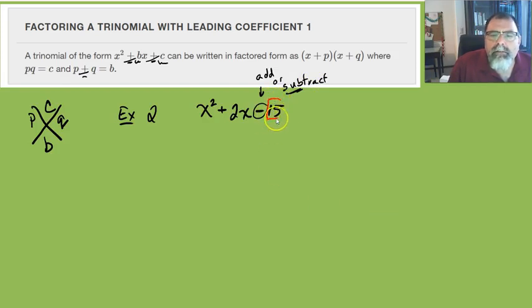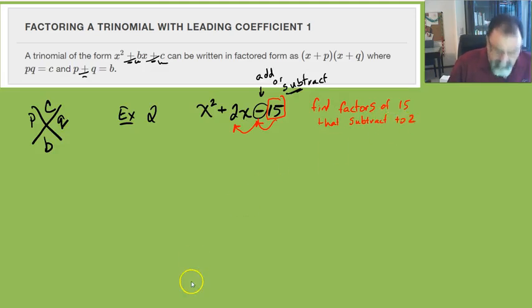I want factors of 15 that subtract to 2. So find factors, I call them factor pairs, two whole numbers that add or subtract to 15. I'll just write factors of 15 that, in this case, subtract to 2.